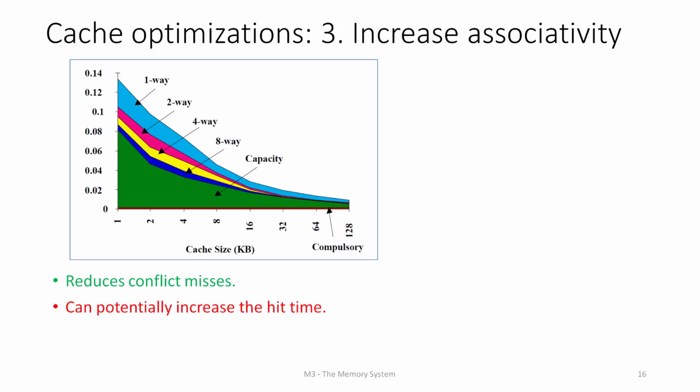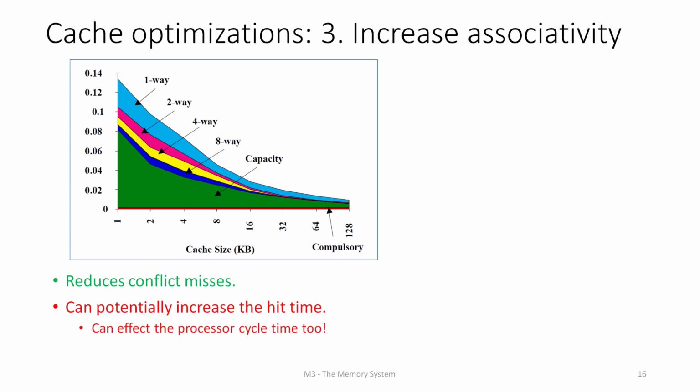But again, increasing the associativity can have an impact on the hit time because we need to compare multiple tags in parallel, and the output of these tags need to be used to select one word from the data mux.